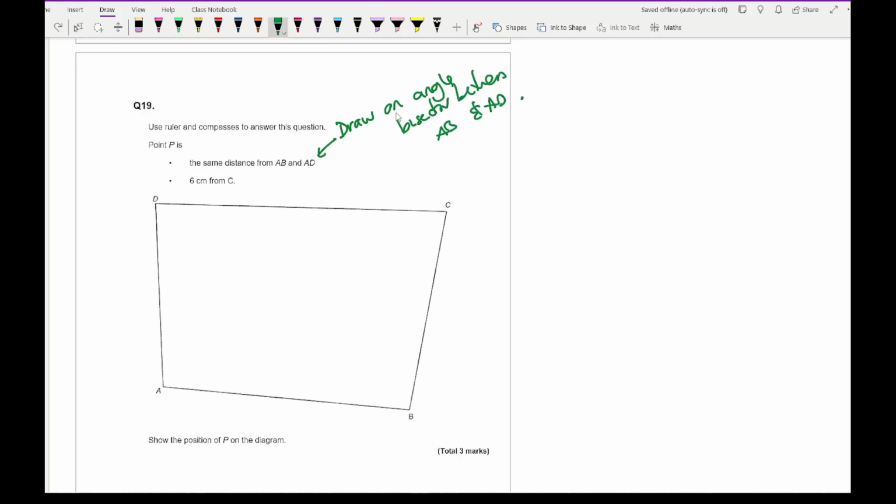So it's this angle here that we then need to bisect, and we then need to draw a circle with radius of 6 centimeters from C. And we want to mark the point where that is.